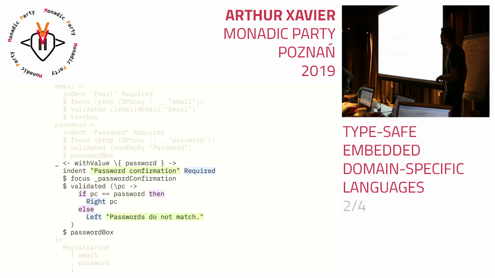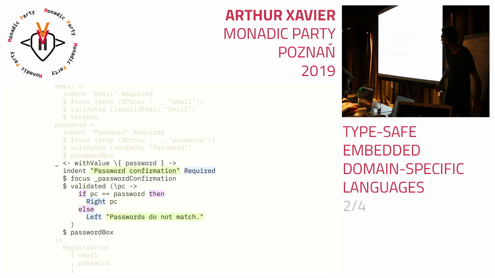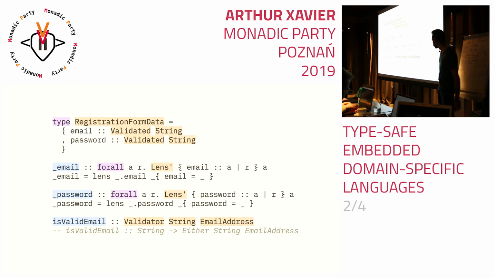So one possibility to do that is to use this withValue thing here, right? withValue is basically an abstraction mechanism that lets you reference things here. And PureScript has block arguments by default, so you don't need the $ sign here. This withValue combinator allows us to reference the form data, that first type there.